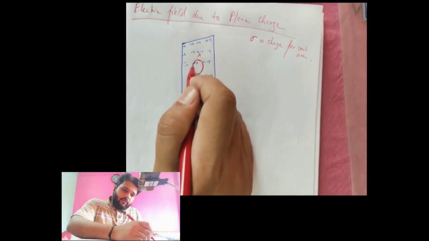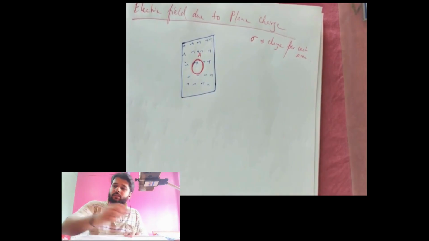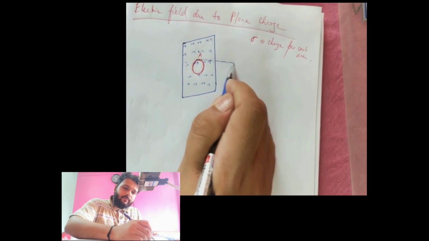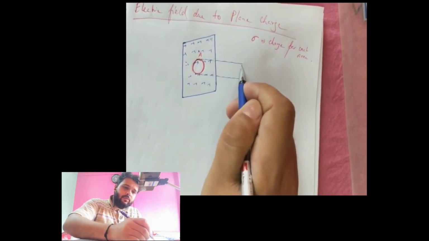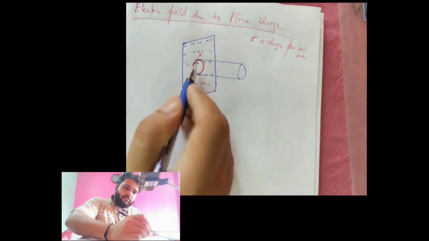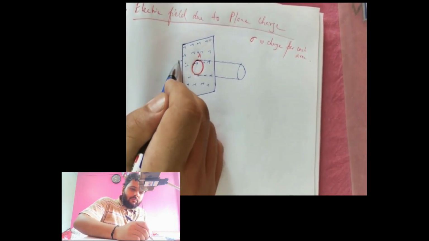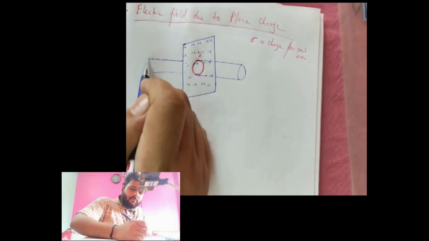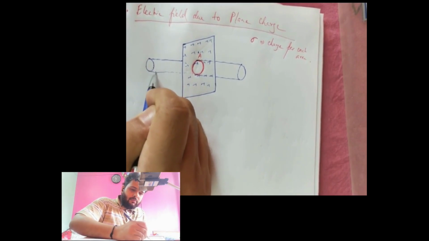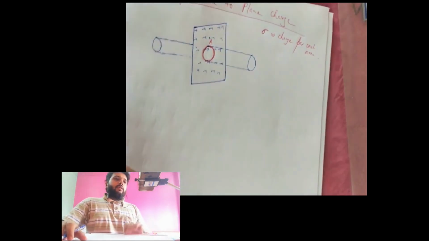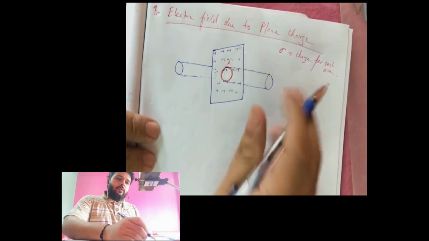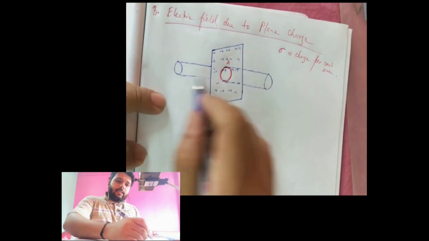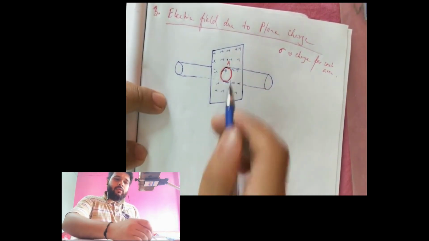Now for this surface, the Gaussian surface is also in the shape of a cylinder, but the axis of this cylinder is normal to the plane.